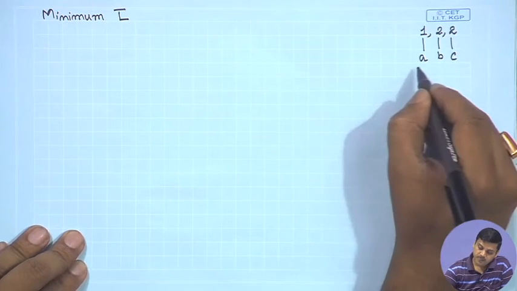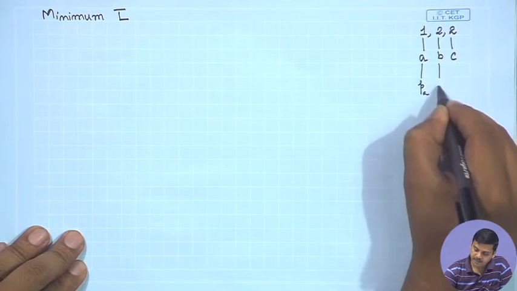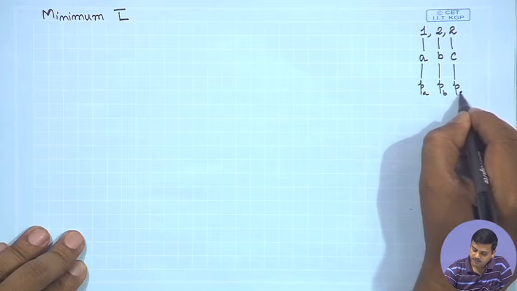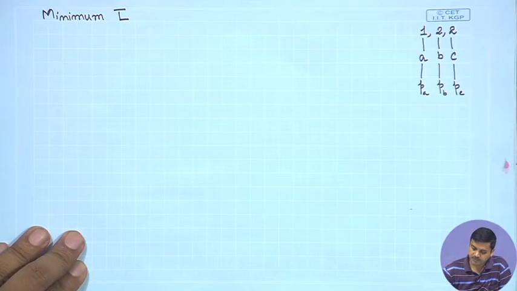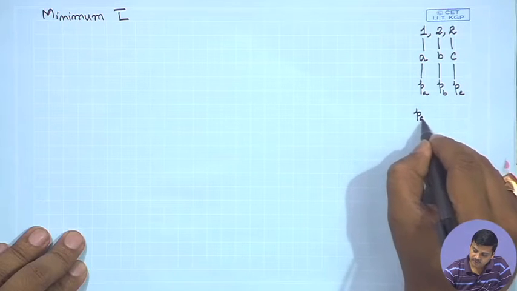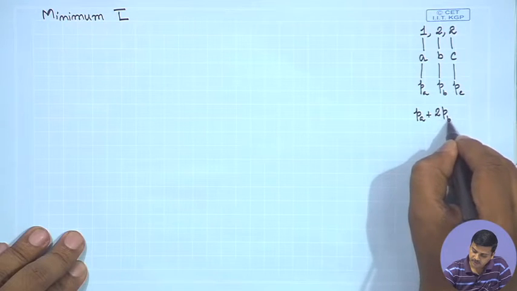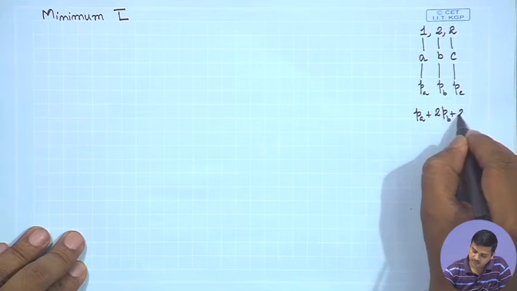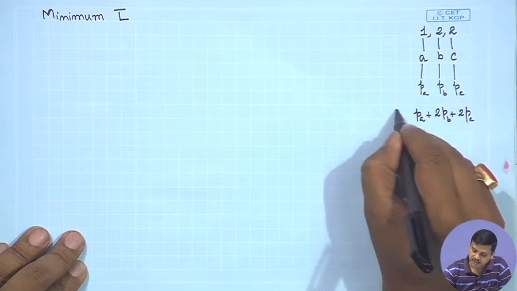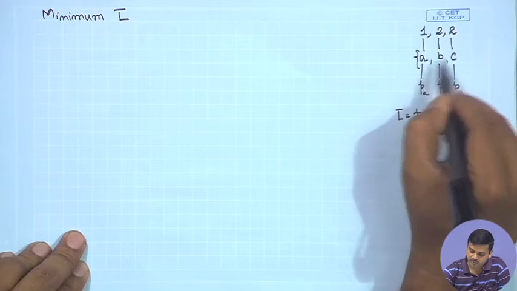Now, if A has a certain probability P of A, B has a probability P of B, and C has a probability P of C, then one could say that it is P of A plus twice P of B, because 2 bits, plus 2 P of C is the average length of this particular source which has these symbols.